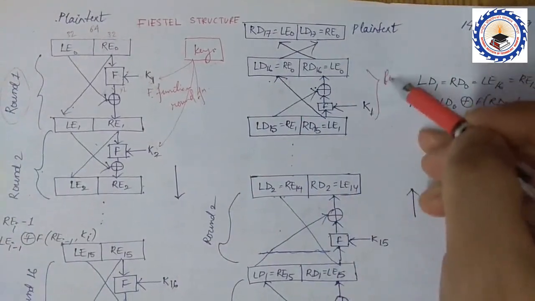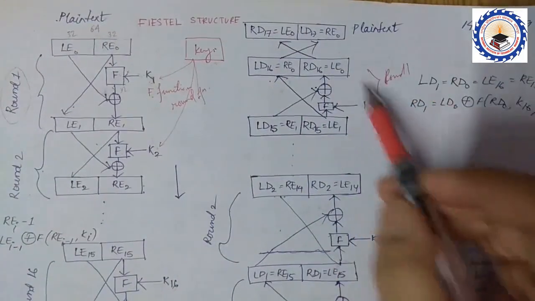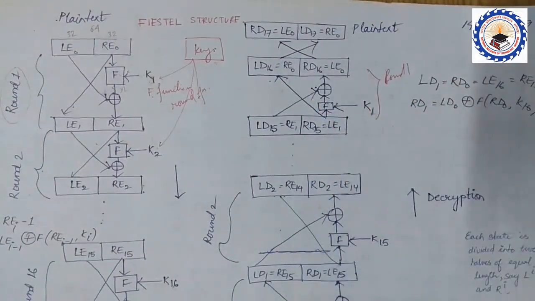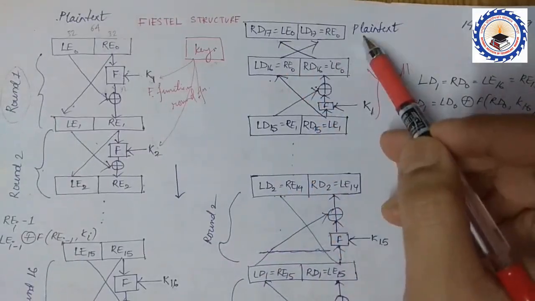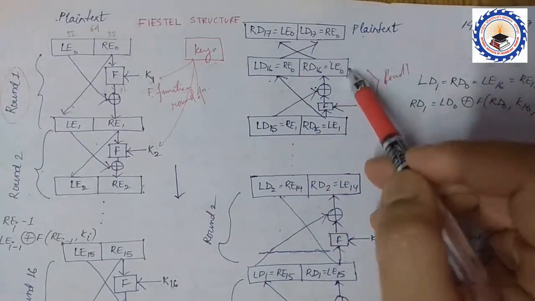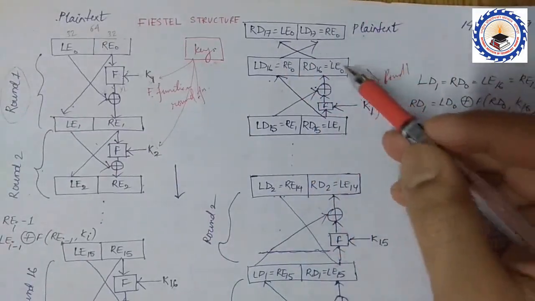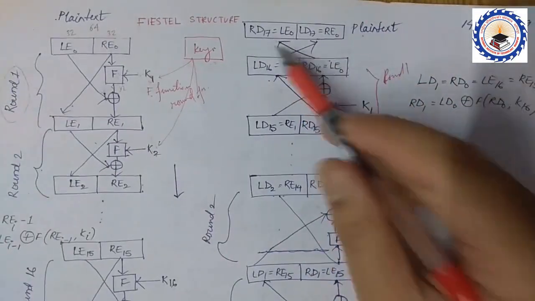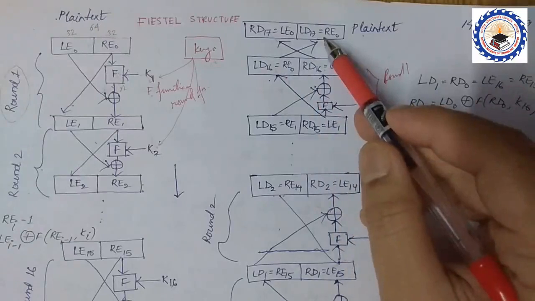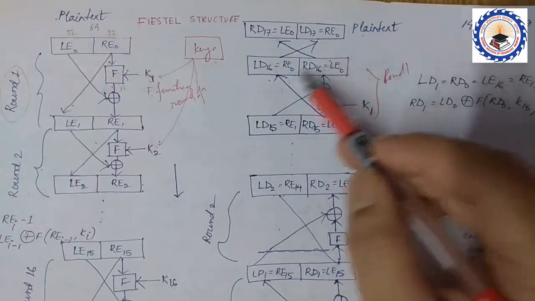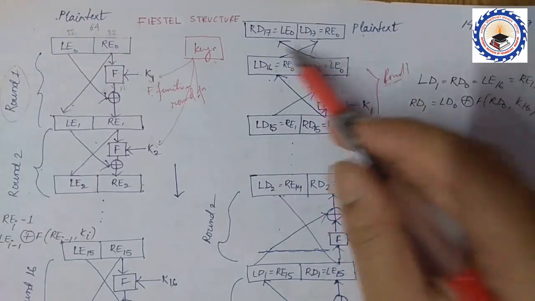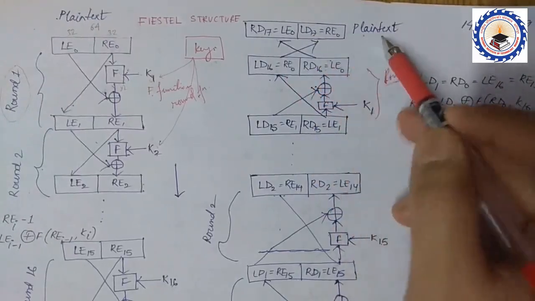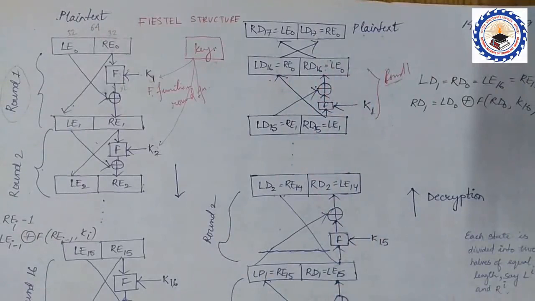Once we get the results, since we swapped at the last part, you have to swap the results to get the plaintext. Up to here is just the reverse part. After getting the result, you just swap the values like we did in the encryption at the 16th round. Here, at the topmost first round, you swap the values, and those values will give you the plaintext.